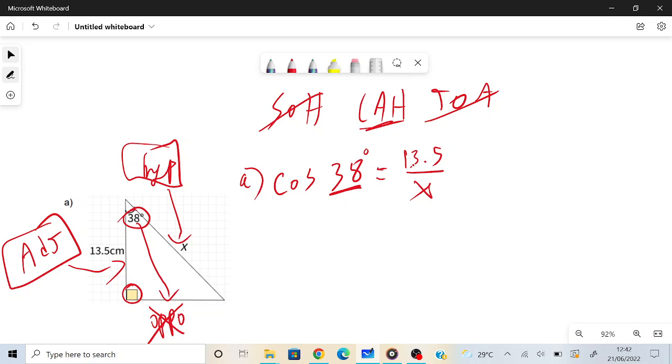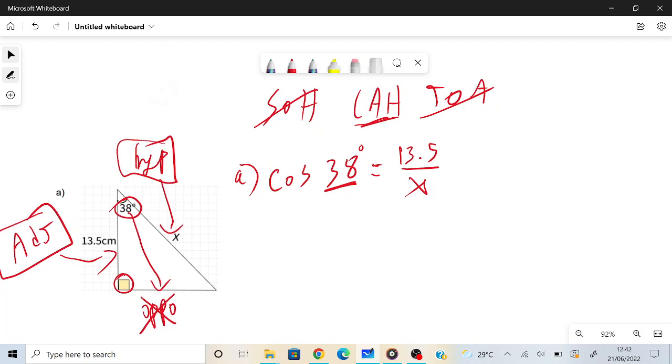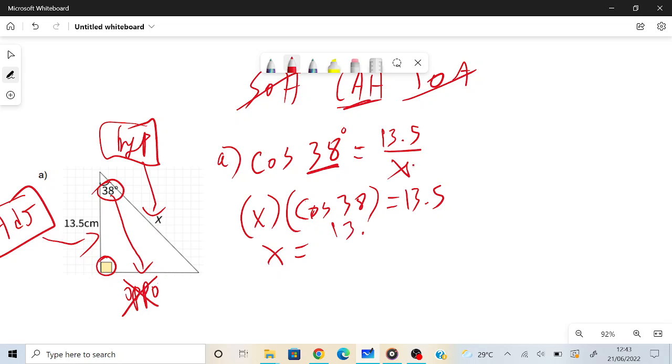Now, to find x, the best thing we can do over here is cross multiply. So if we cross multiply, we have x times cos 38 equals 13.5. Your x is then 13.5 divided by cos 38.